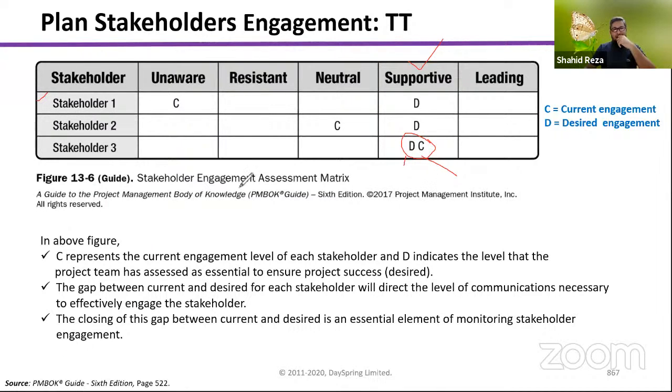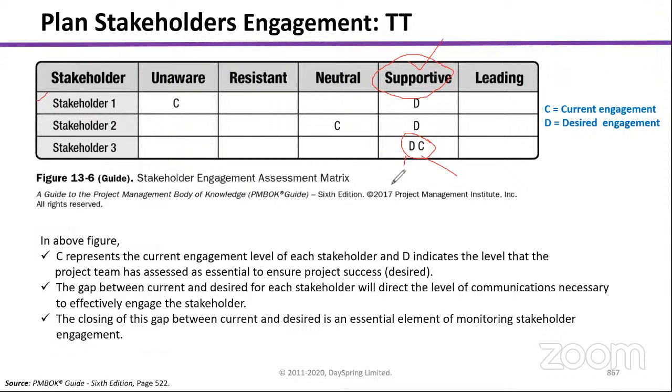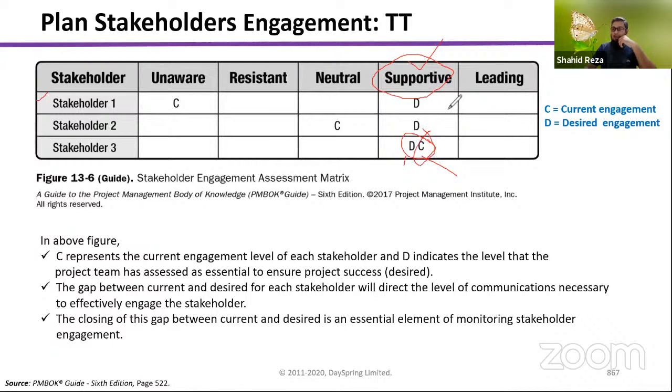Our expectation for this stakeholder is that he or she should be at the supportive level. All right, that is our expectation. And what we are seeing after analyzing is that he is already at the supportive level.